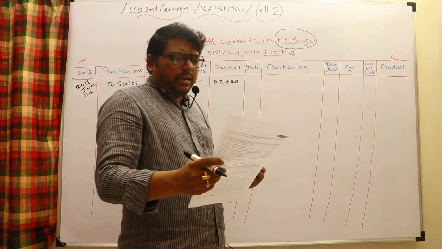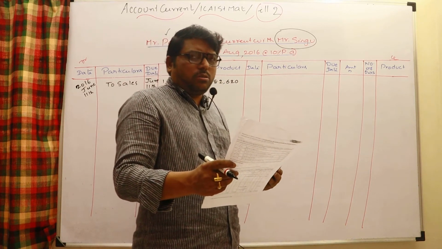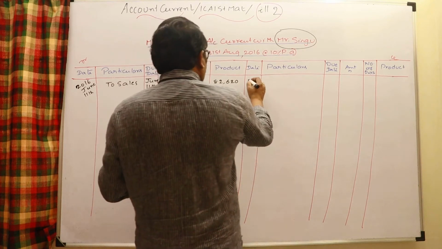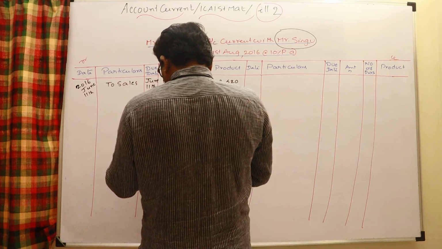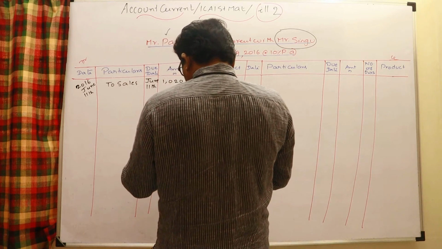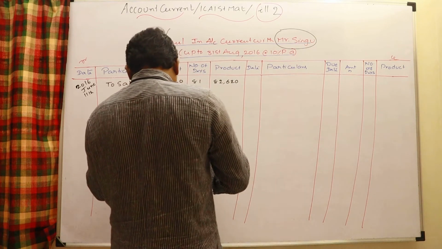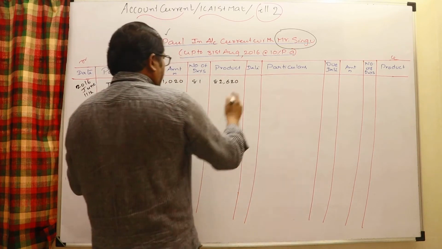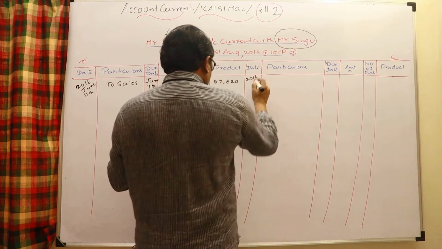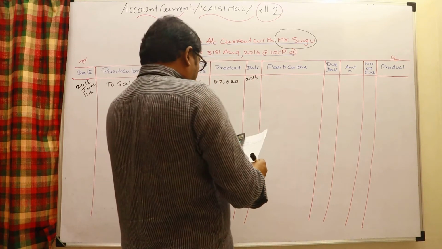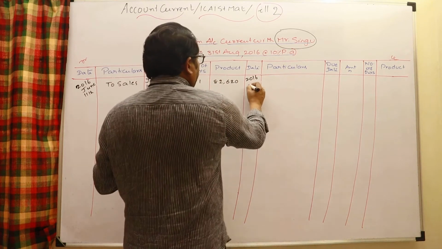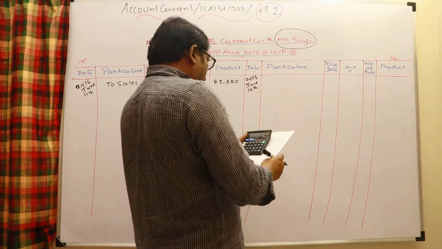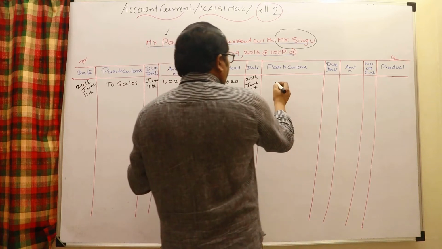Come to the next transaction. June 15th, cash received from Mr. Pal. Entry: cash account debit to Pal. In the Pal account, by cash. Actually it is given as 2016 in the heading, but while giving transactions it is 2014. No problem, you can take either one. There is no problem with the year. Cash received from Pal, entry cash account debit to Pal.